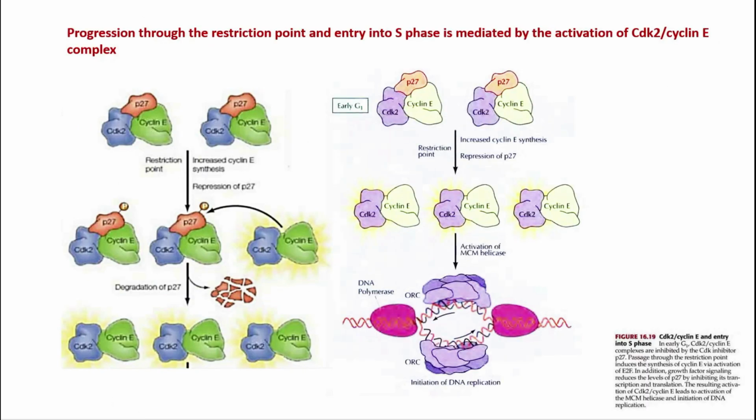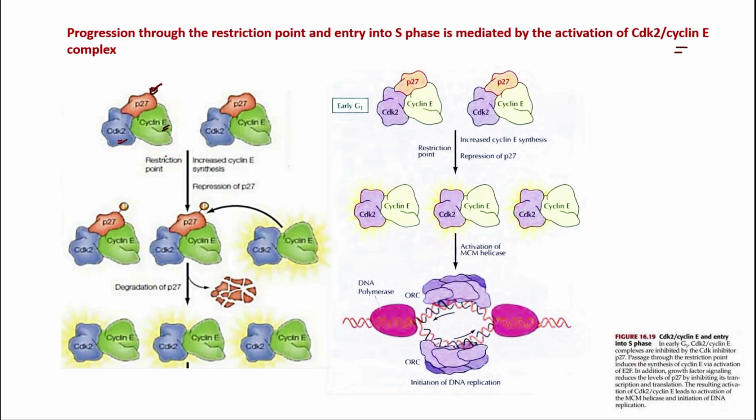So now let us see how another factor, P27, is regulating. Progression through the restriction point and entry into S phase is immediately mediated by the activation of the CDK2 cyclin E complex, as we have discussed earlier. But there is another factor known as P27. It binds with CDK2 and cyclin E and does not allow further synthesis.